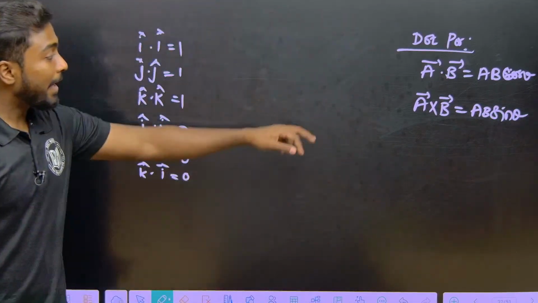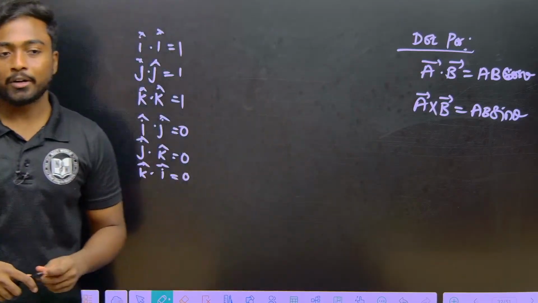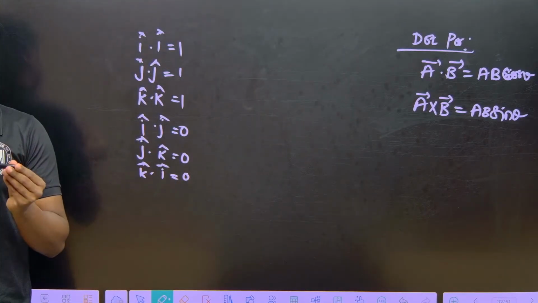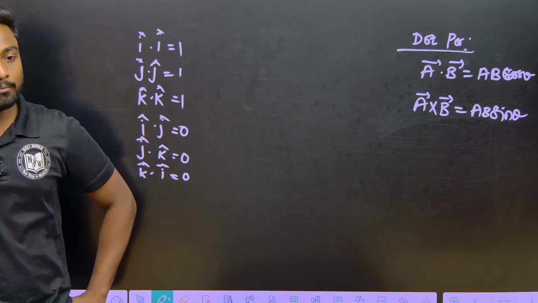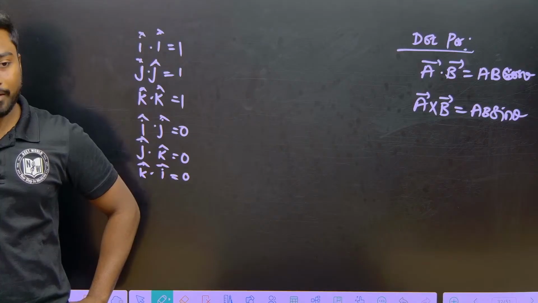So i cap dot i cap, in the sense both are in the same direction. What's the angle between them? 0. So cos 0 is 1, and 1 into 1 is 1, so i cap dot i cap will be 1.